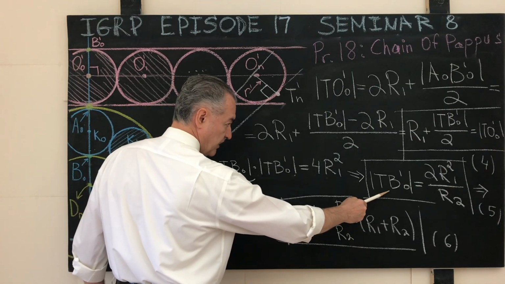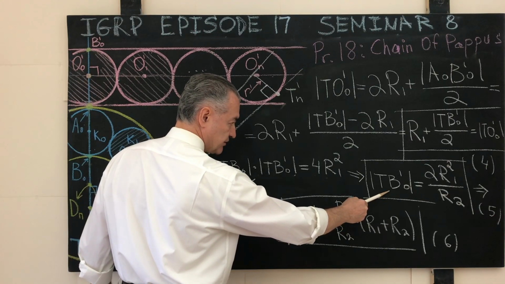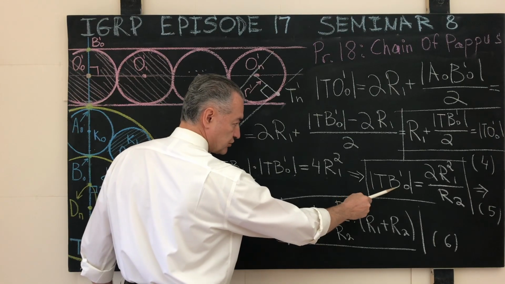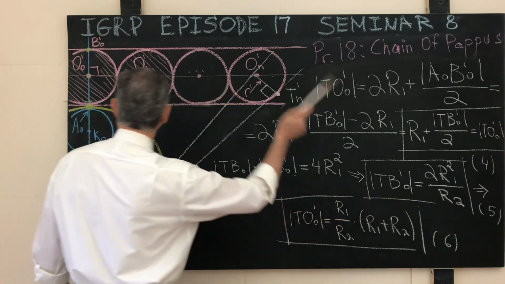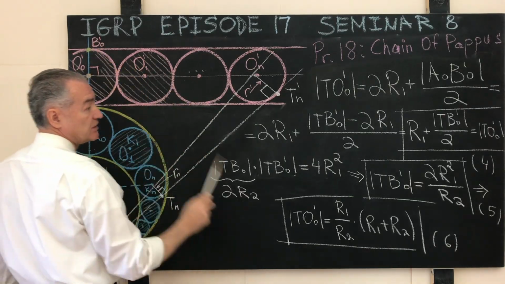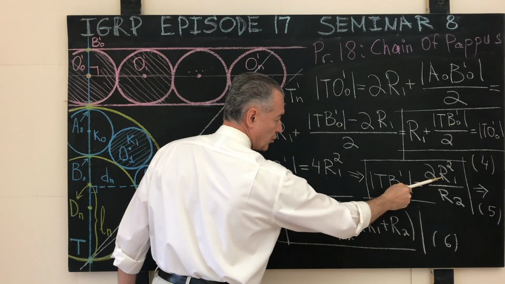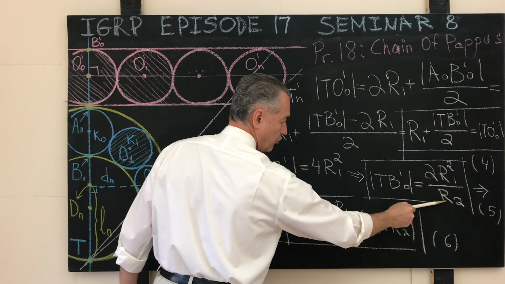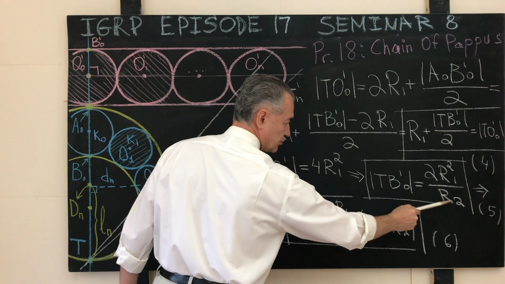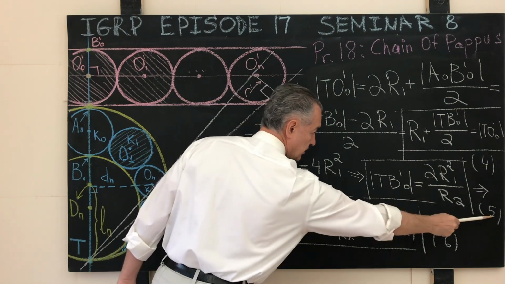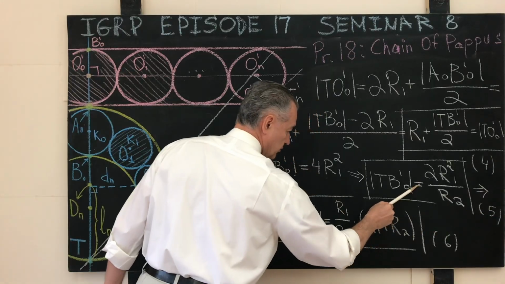And boom, voila, we have our relationship for the distance from the point T, point of tangency of the generating circles, to the point B prime 0, to this point right here. That distance is given as 2 times the square of the radius R1 over 1 copy of the radius R2. This will be relation number 5, this formula right here, number 5, this equal sign.